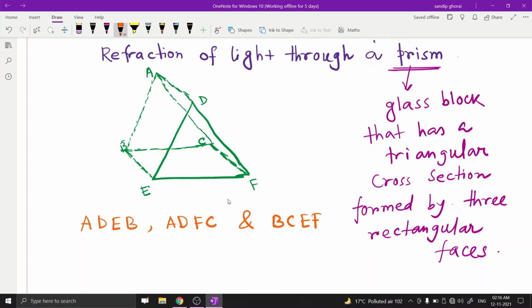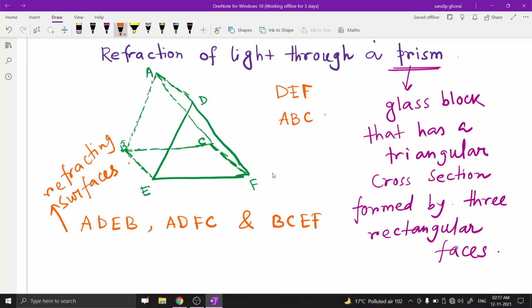These three rectangular surfaces are called refracting surfaces, and there are two triangular surfaces, DEF and ABC.